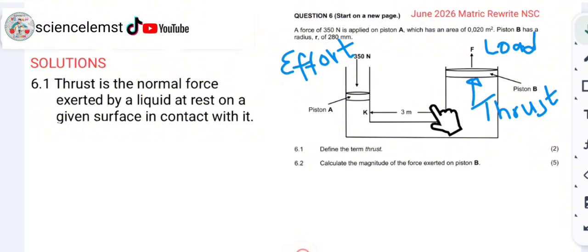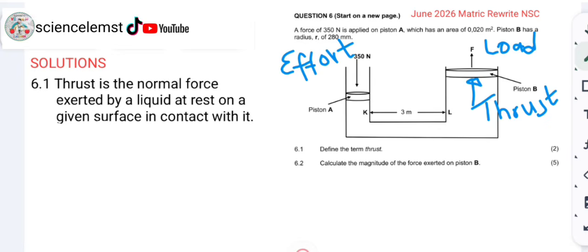Let's repeat it again. In a continuous liquid at equilibrium, the pressure that is exerted at any point is transmitted equally to other parts of the liquid.